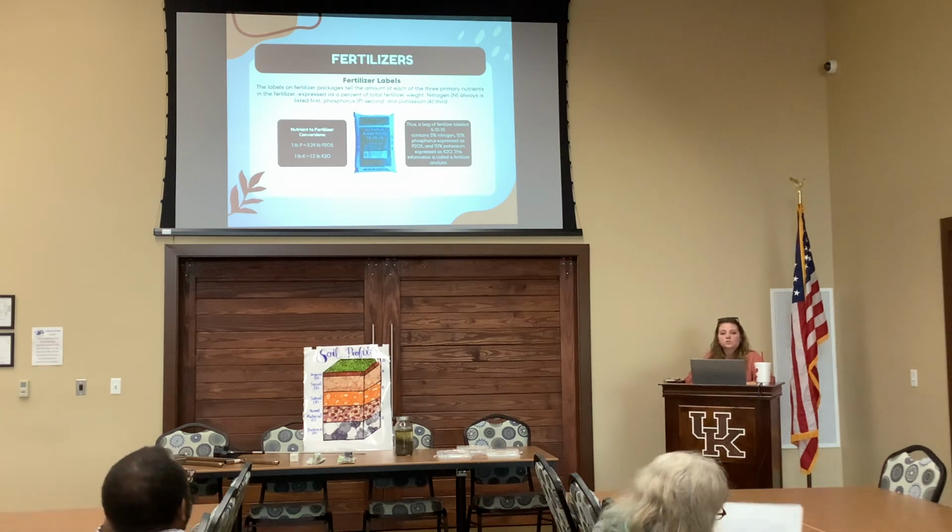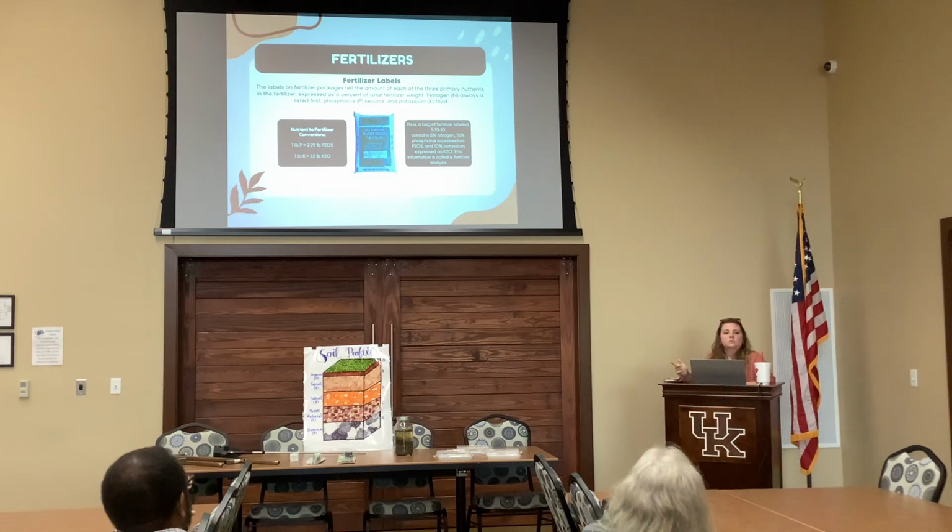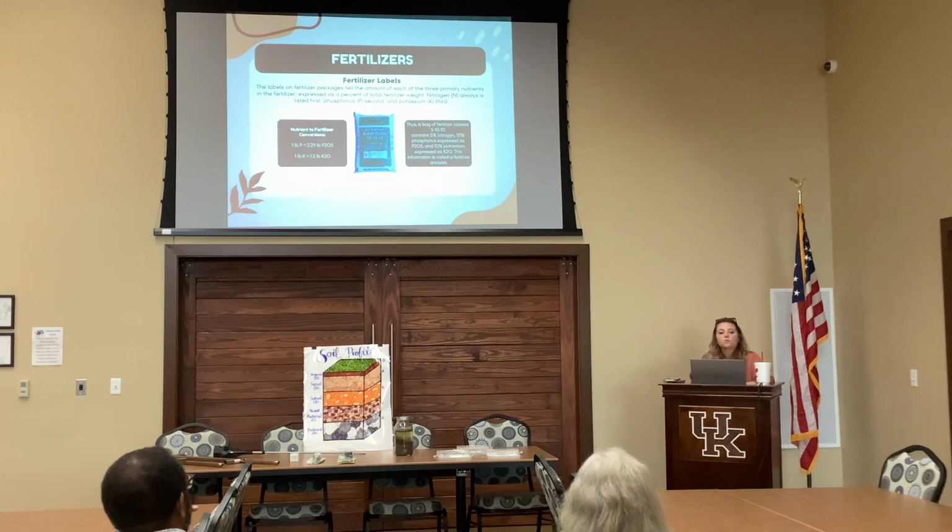That is what is used to calculate exactly how much fertilizer is recommended based on what your soil report nutrient says. So if yours says you need to add 200 pounds of nitrogen, that's not going to be 200 pounds of urea. That's just 200 pounds of nitrogen. The calculator that I use is one UK provides, and I can show you all what that is as well.